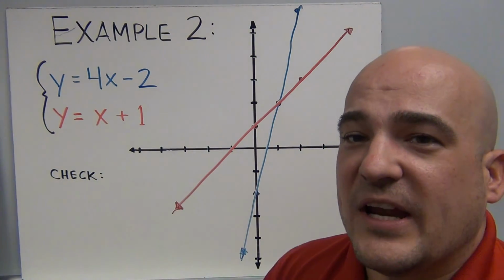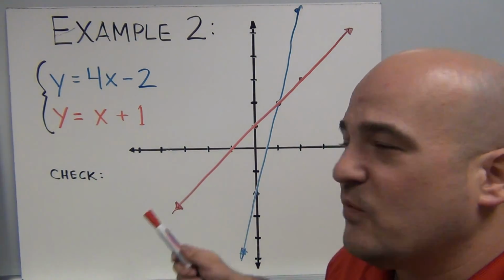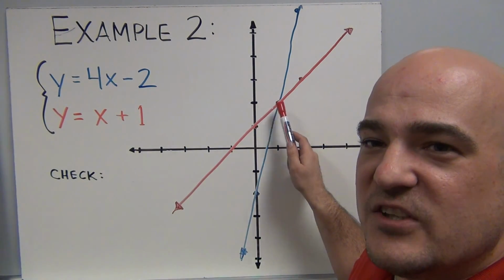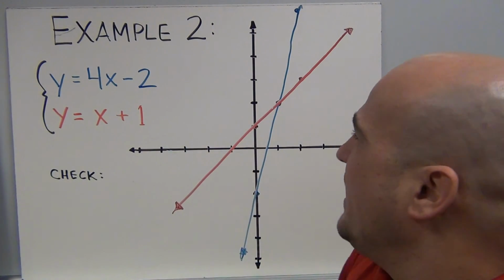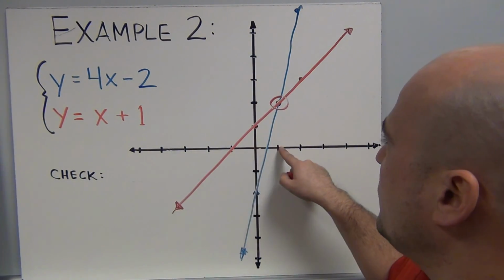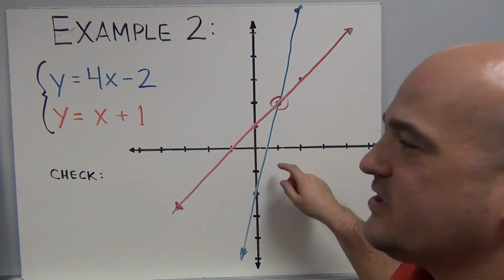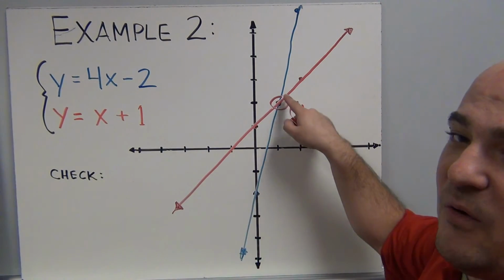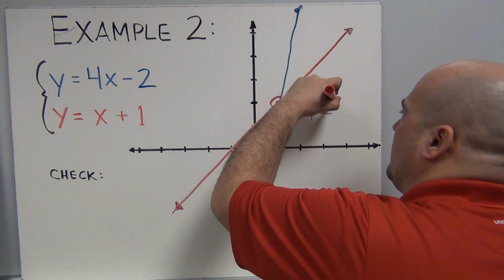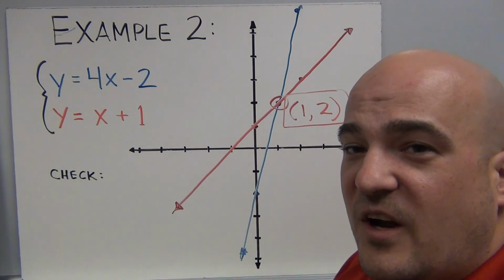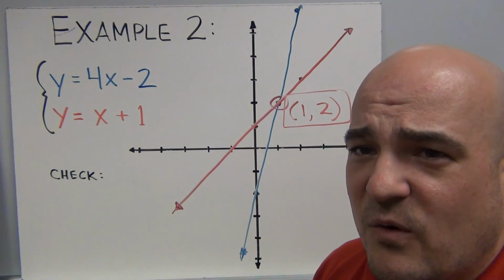And again, when I graph both of these lines, it happened again where they cross at one point. Okay, so there's one solution to this system of equations. And for that one solution, I have to go over 1 and up 2. So my x is 1 and my y is 2. So my solution is 1 comma 2. The ordered pair 1 comma 2.